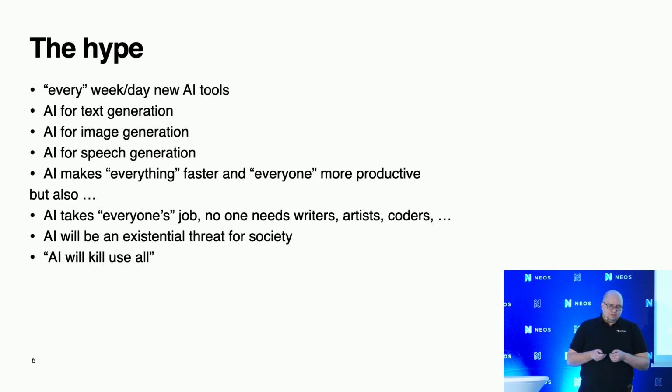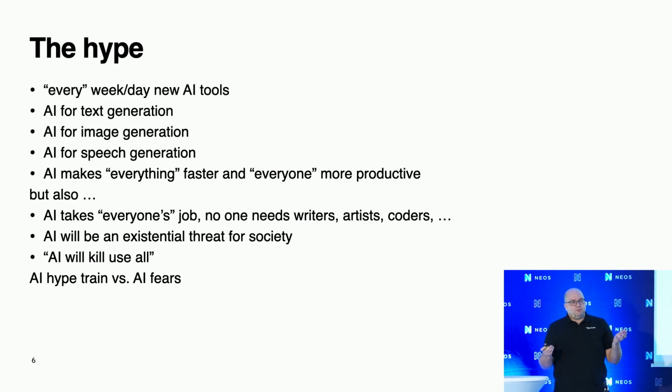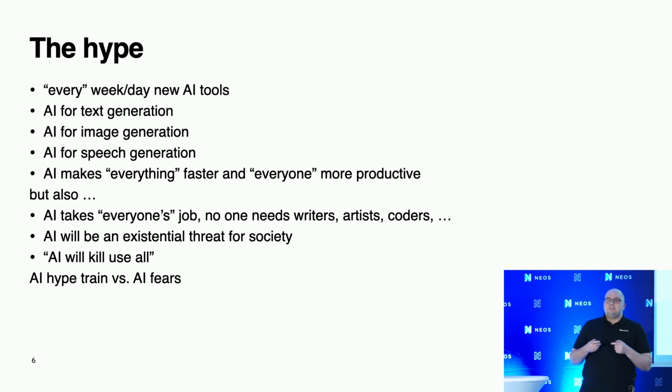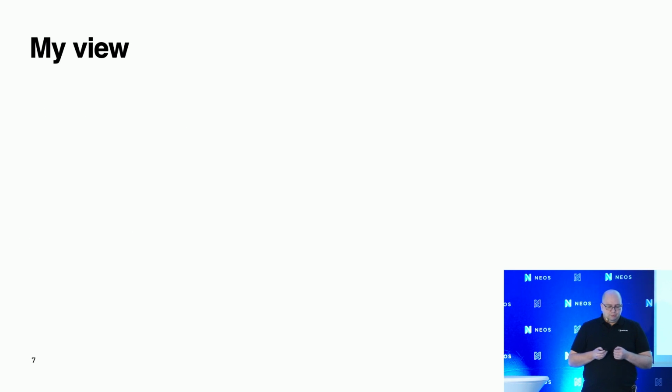Some would even say AI will kill us all if we are not aware of it. So in the whole last year we had this AI hype train, like with any new technology, and a worse situation with AI fears and the implications on society, on work, and so on. But what is my view?